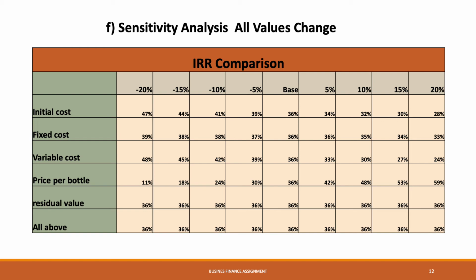It's constant for all the values if we are decreasing or increasing the residual value. And last is for the combined all value changing. If we decrease the base price, the IRR remains constant, and for increasing also it is constant. So there is no change in IRR if we are altogether increasing or decreasing all the values.